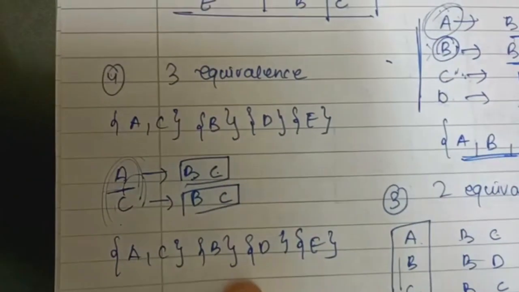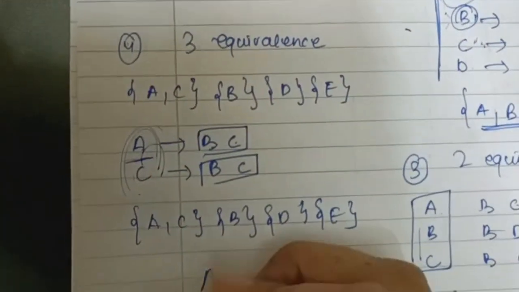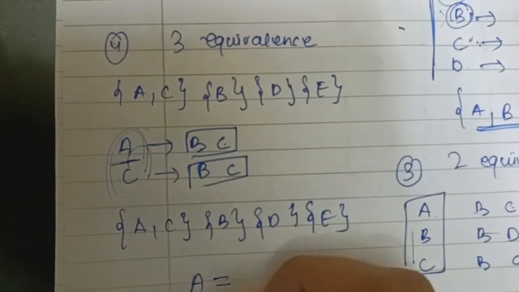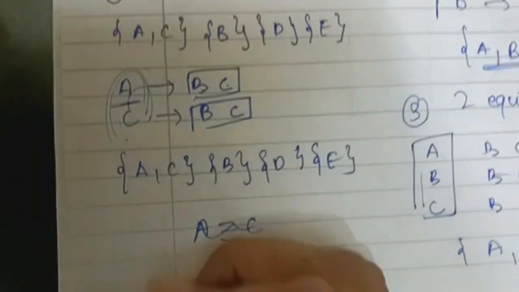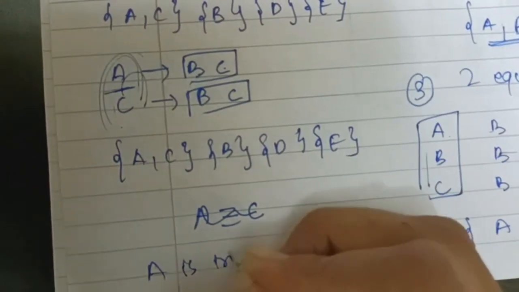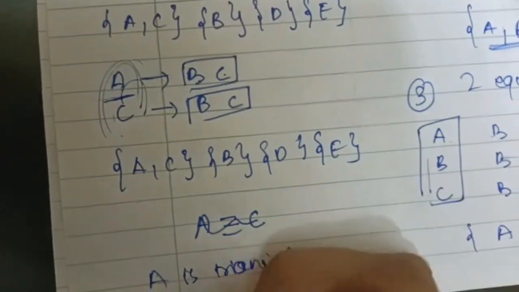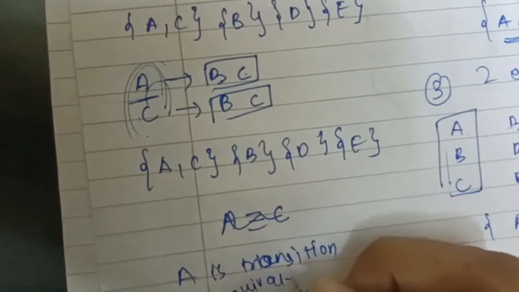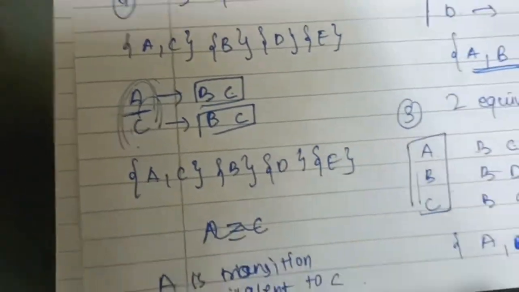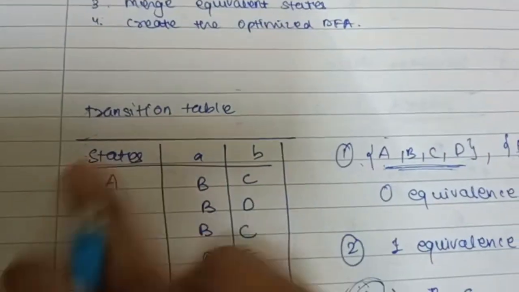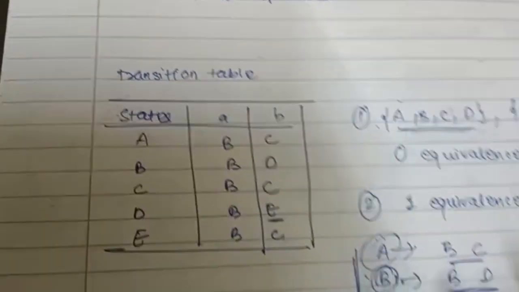And here we stop the optimization, and what we get is A is transition equivalent to C.